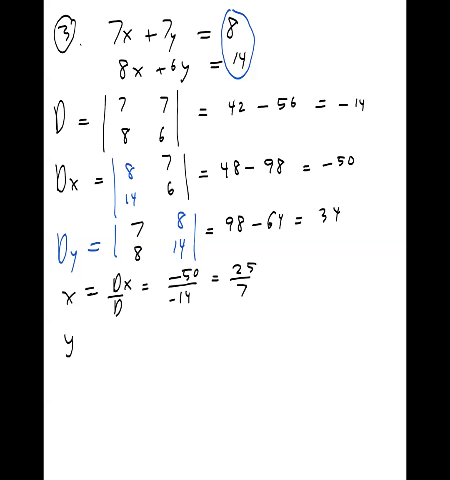And then y equals the determinant of y divided by the determinant, which equals 34 divided by negative 14, which reduces by 2 again to be 17 over negative 7, or in other words, you could just simply say negative 17 sevenths, because a positive divided by a negative is a negative. So the final solution is just an ordered pair, 25 sevenths, comma, negative 17 sevenths.